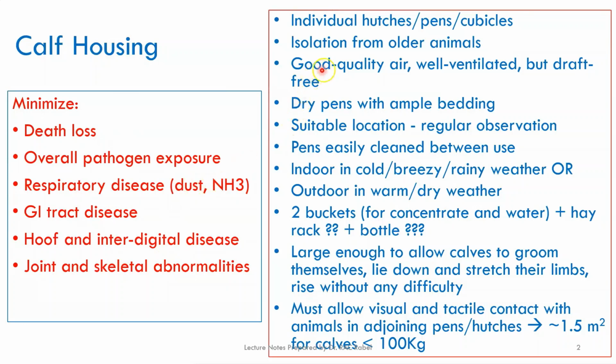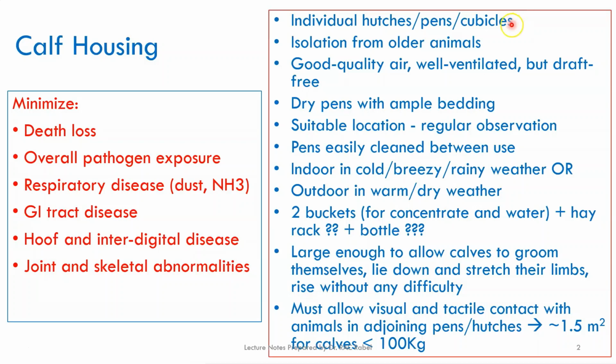Like I said earlier, they can be individual hutches or pens or cubicles as you call them. So remember, there are two different terms, right? Calf pen or calf cubicle or calf hutch is one thing, whereas if you say calf barn or calf unit, that's a different thing.